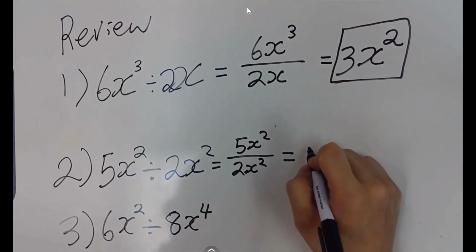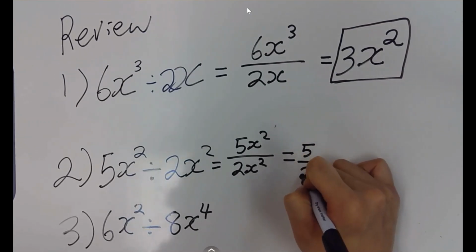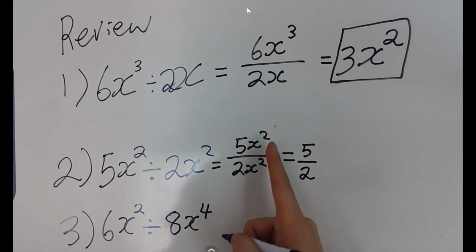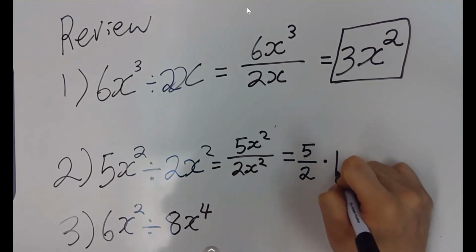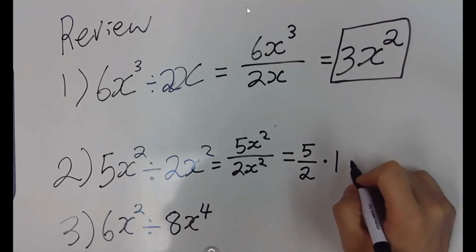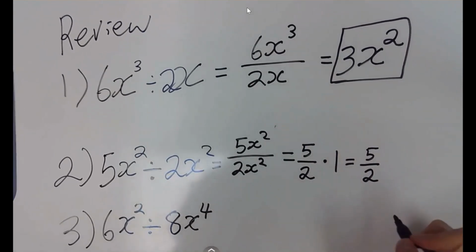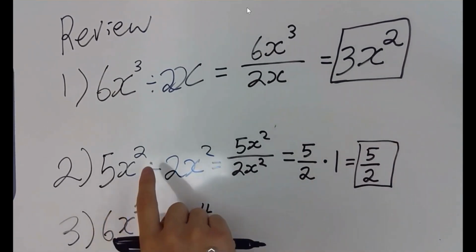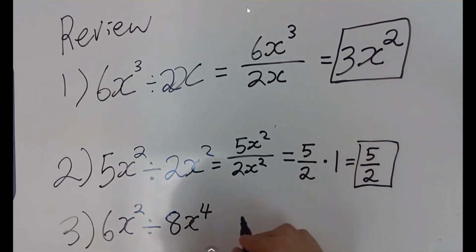So in those cases, you can just leave 5 over 2 as 5 over 2. And then x squared divided by x squared, we're dividing a number by itself, which means it will be 1. So then it's going to be 5 over 2 times 1, which is just simply 5 over 2. So the final answer to 5x squared divided by 2x squared is 5 over 2.